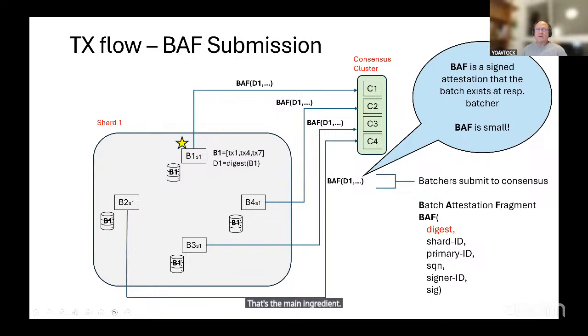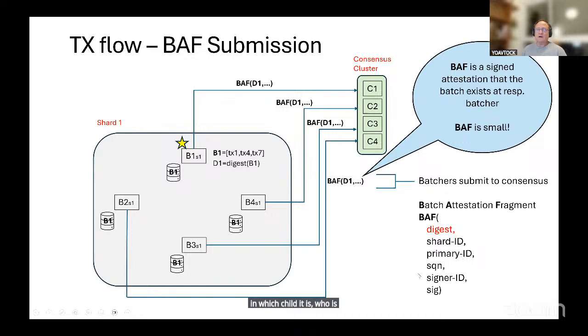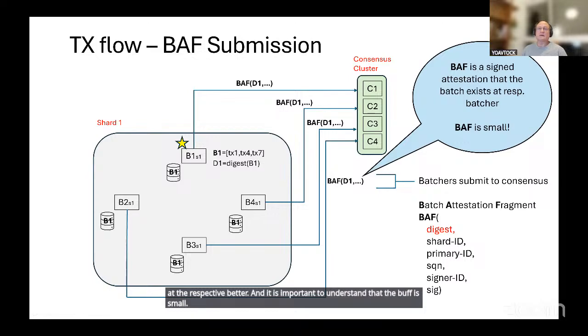And with some other identifiers that identify this block, in which shard it is, who is the primary, etc. And importantly, this BAF is signed by the sender. So a BAF is a signed attestation that the batch exists at the respective batcher. And it is important to understand that the BAF is small. This fragment is small.